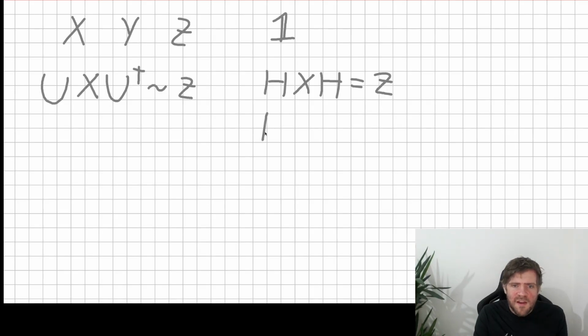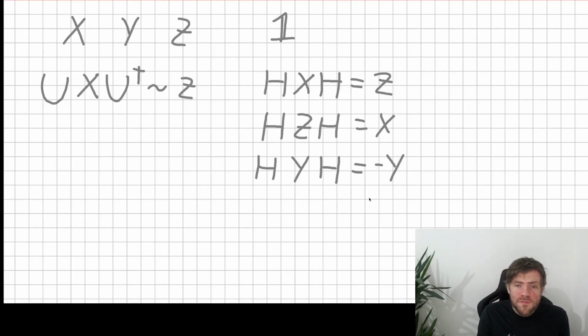And similarly, the Hadamard turns Z into X, and it turns Y into, well, what's left? Y, but in this case with a minus. Yeah, this is not the only example of a Clifford gate.